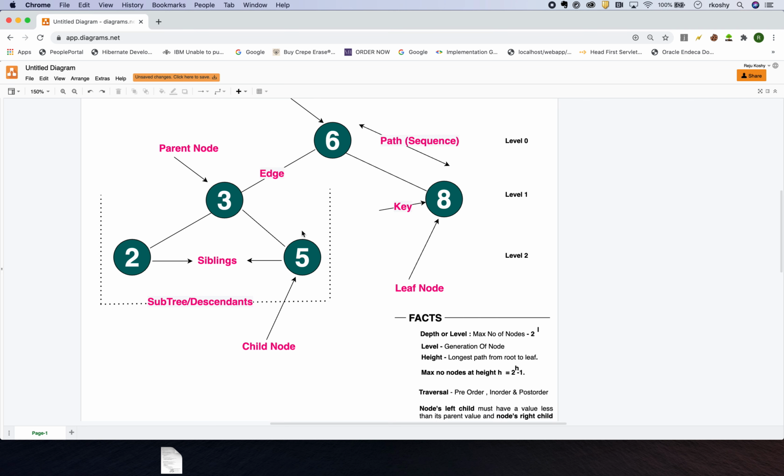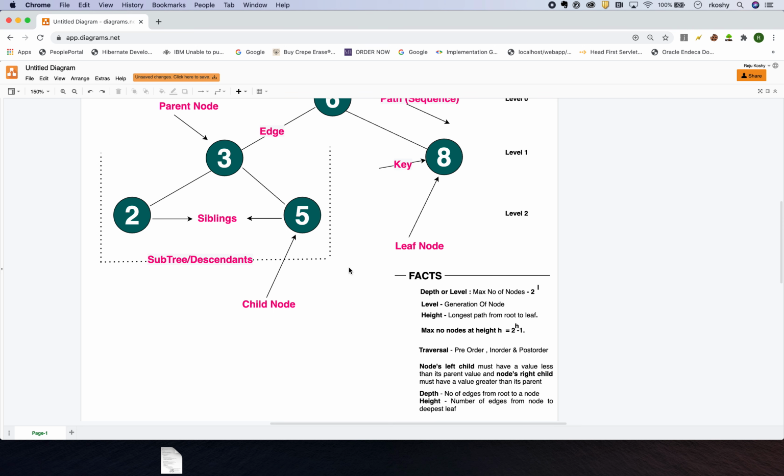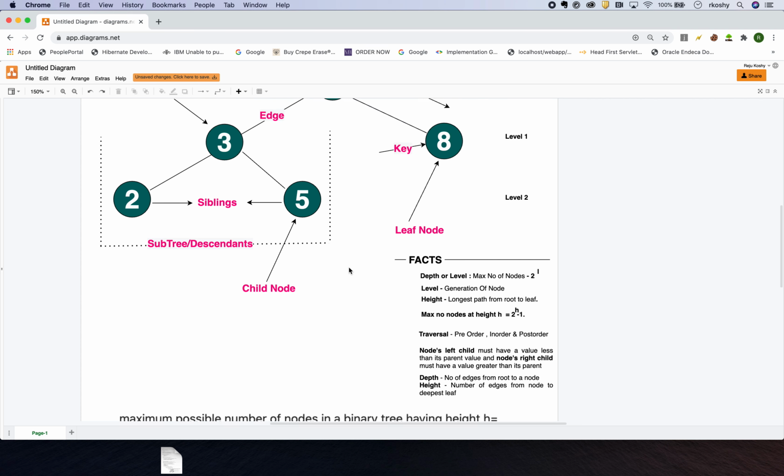So in a binary search tree, assume you want to insert integer data here. The ground rule is about the node's left child.